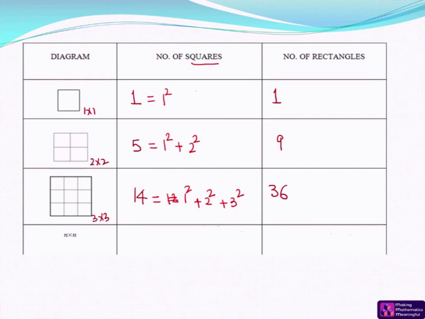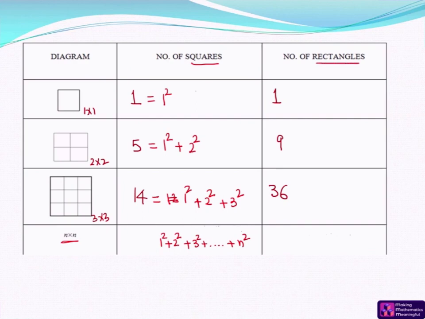So if we generalize this pattern for an n cross n grid, we can easily observe that it will be 1 square plus 2 square plus 3 square and so on till n square.